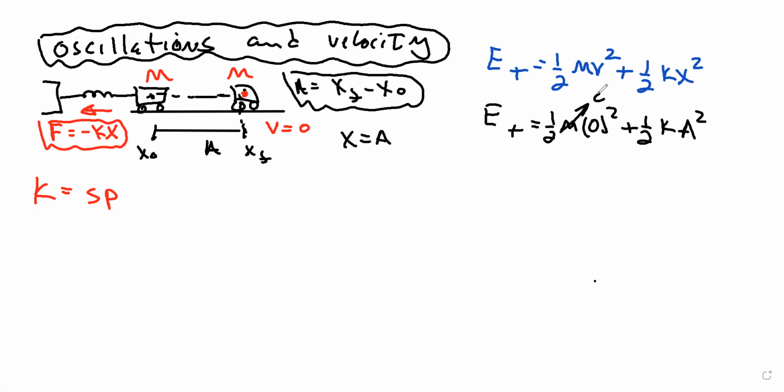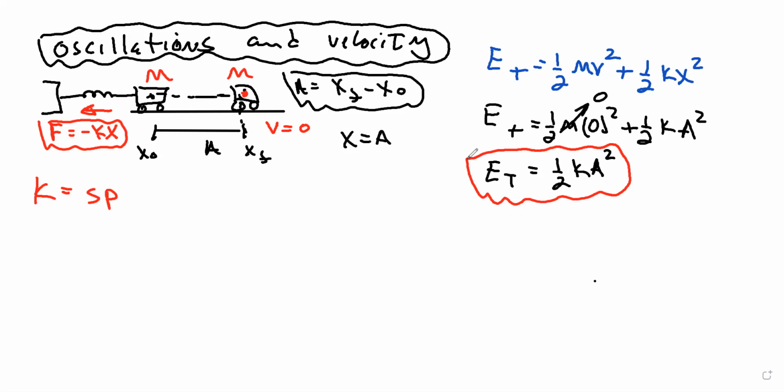So this term is going to cancel out. So the total energy is going to be equal to 1/2 of the spring constant times the amplitude squared. And you have here your total energy of the system.